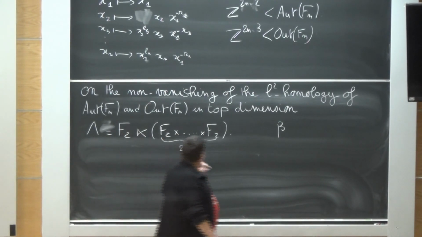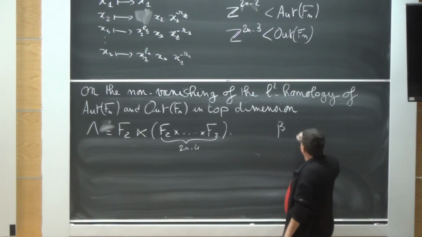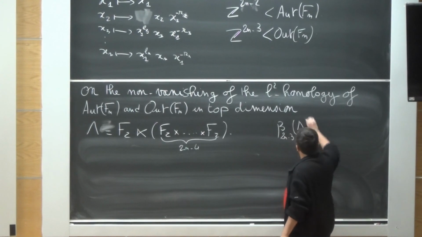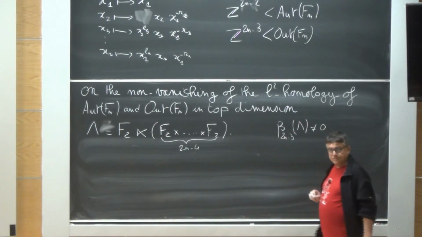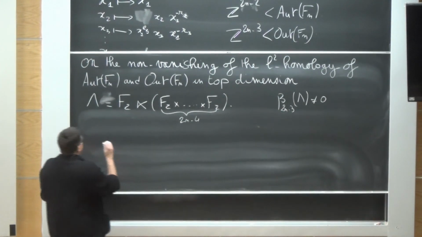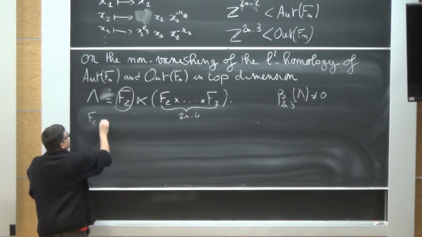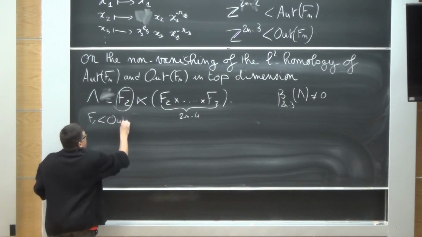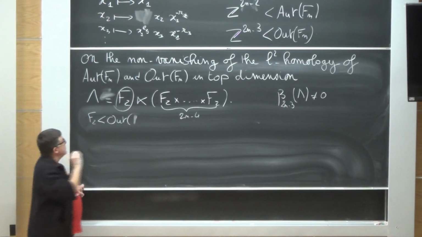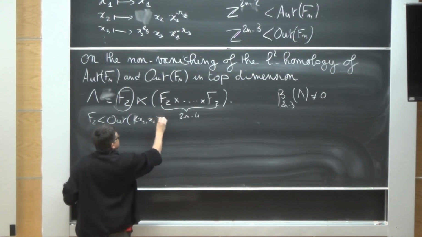And then you have a small argument using Euler characteristic, and probably a theorem of Lück. And you conclude that in top dimension, 2n minus 3, this is non-zero. And what is the group? Well, first of all, you pick this F2 inside Out F2, the subgroup generated by x1 and x2.